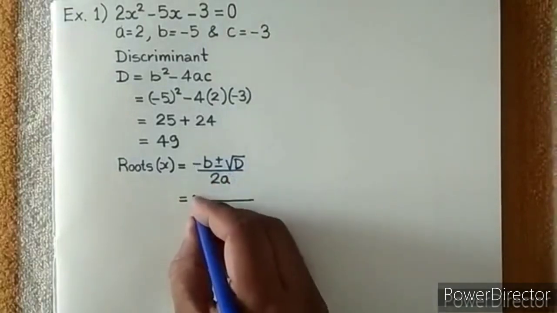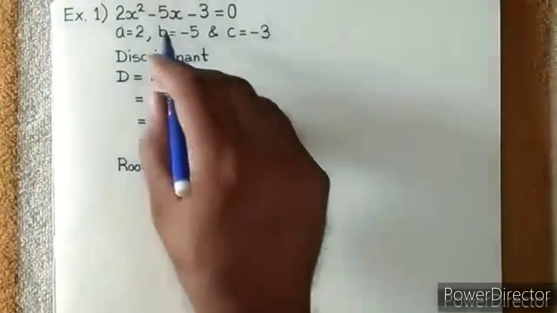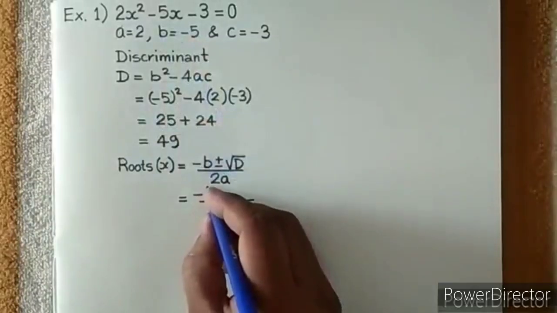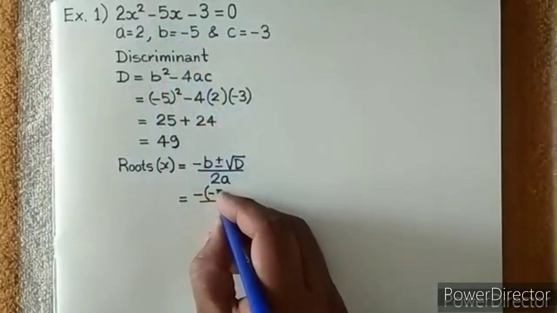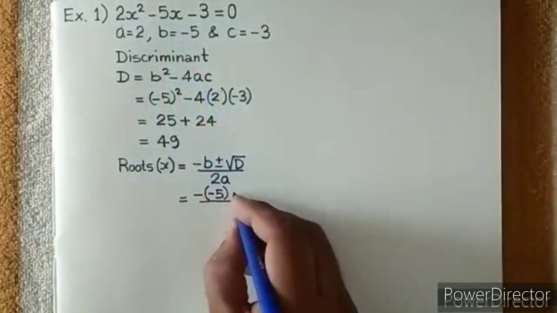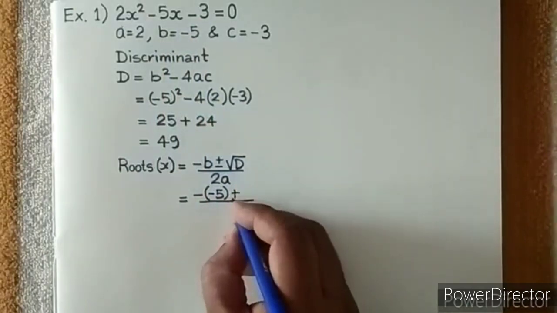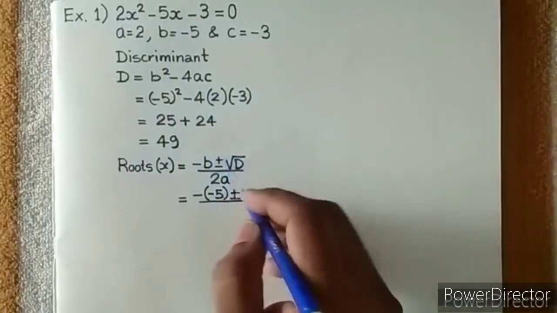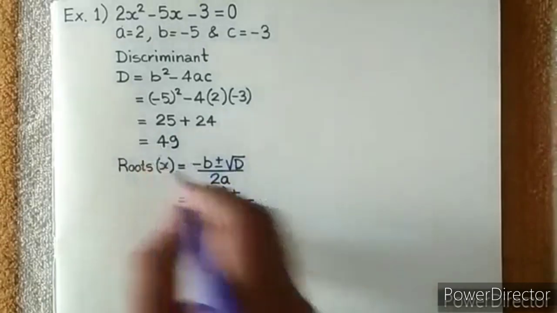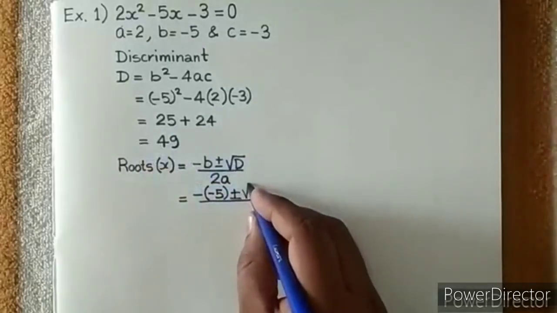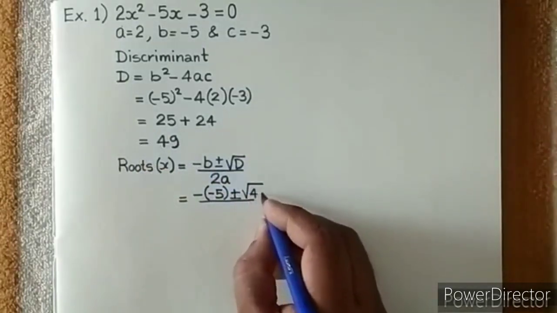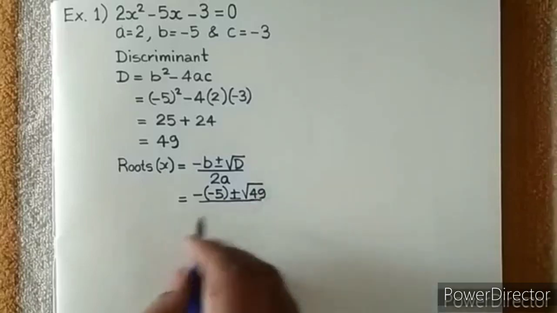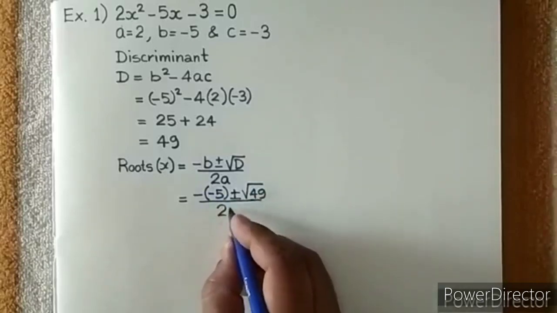Minus b, your b is already minus 5, so we'll open a bracket, minus 5, plus or minus, discriminant is 49, so root of 49, upon 2a.